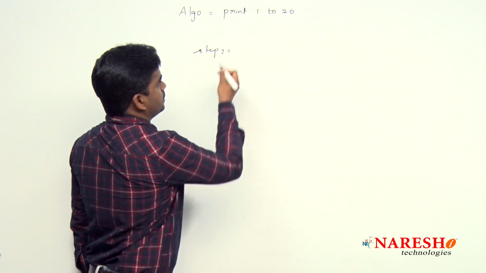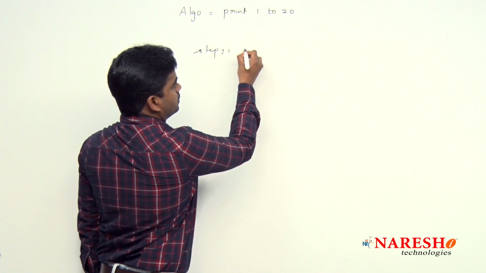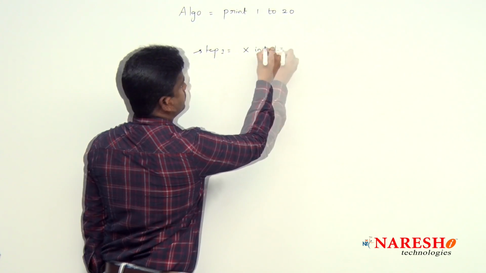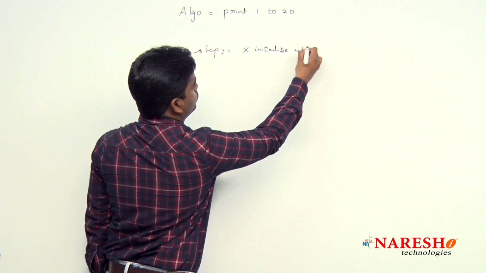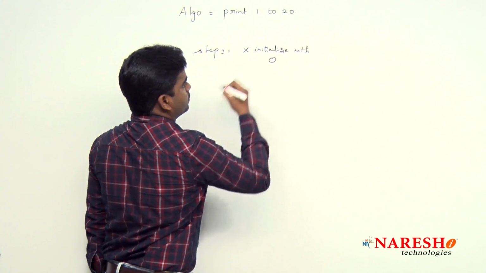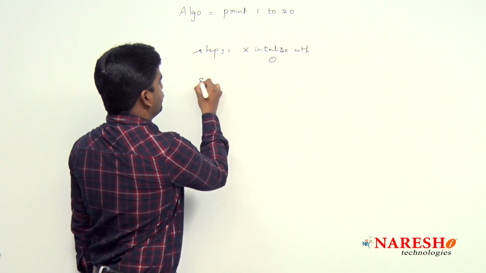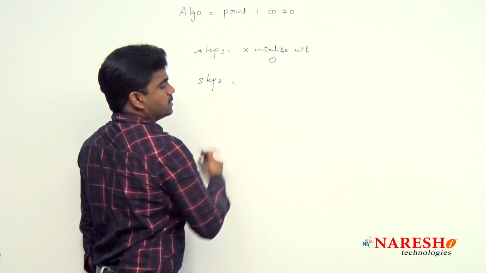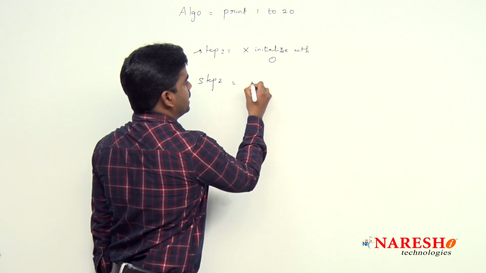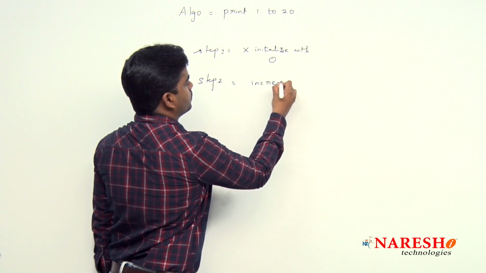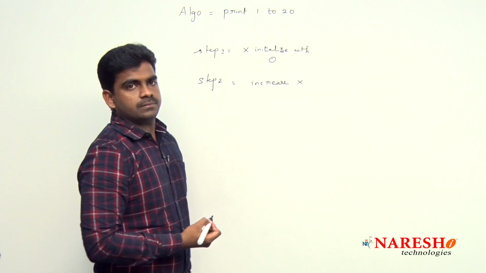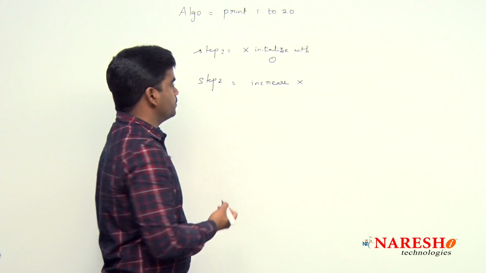Step 1, take the x value, initialize x with 0. Step 2 is to increase the x value, increment x by 1.